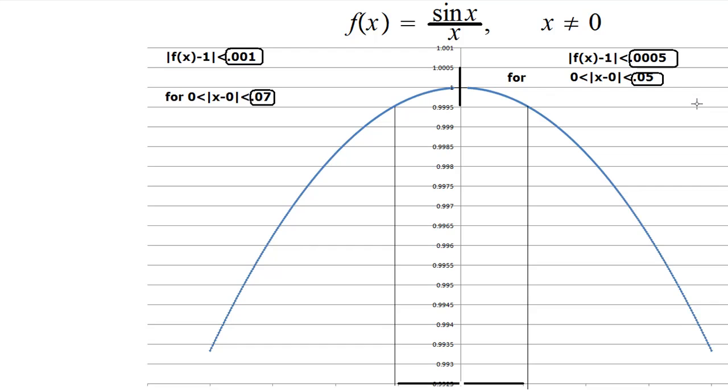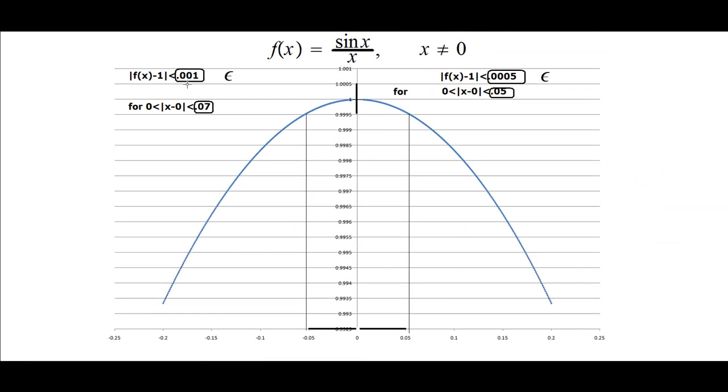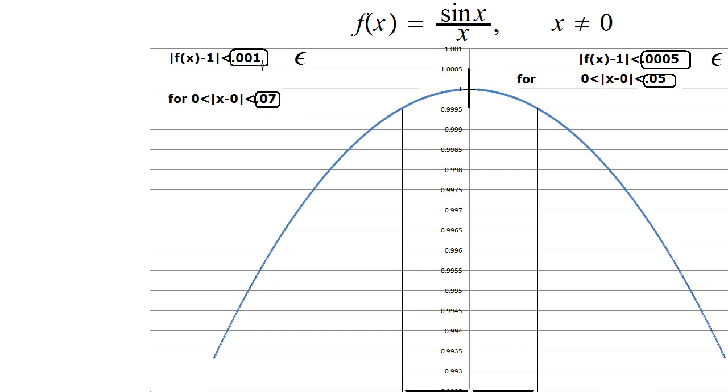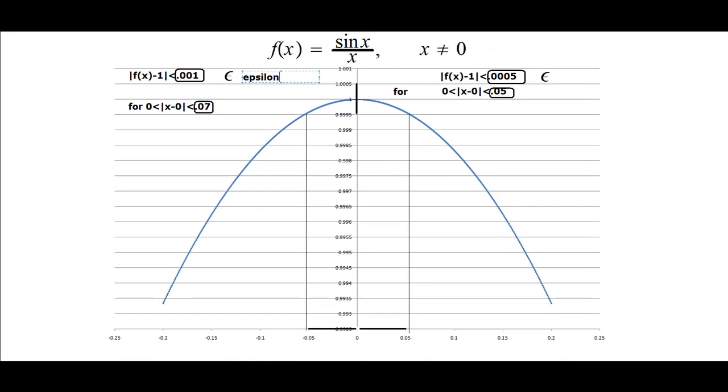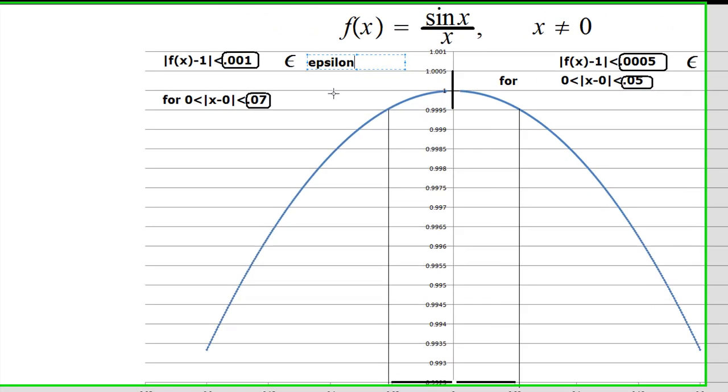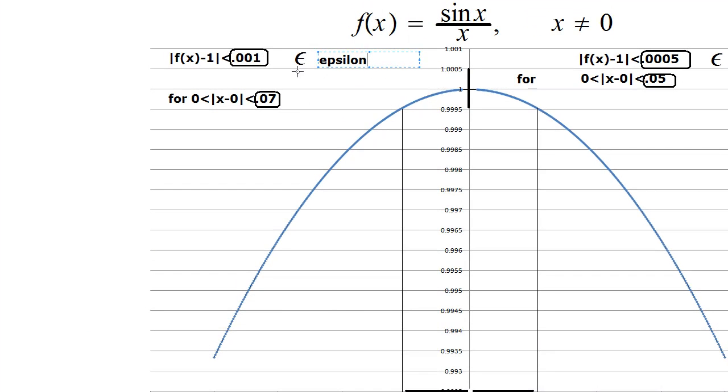So let's take a symbol that is very widely used. The number that we use for distance from the limit is generally denoted by the Greek letter epsilon, and that's an approach that you shall see in many places.